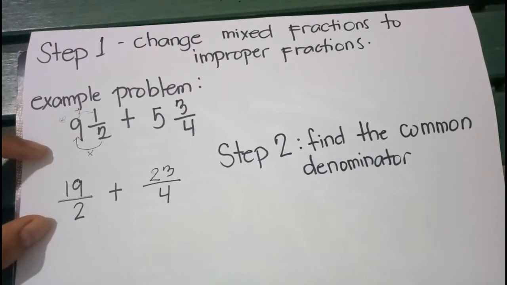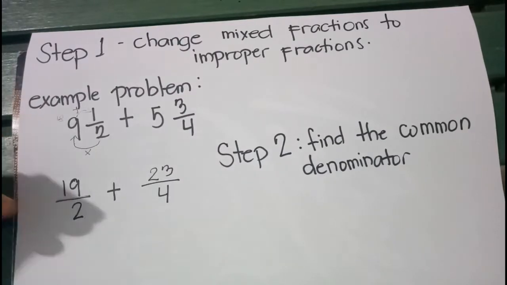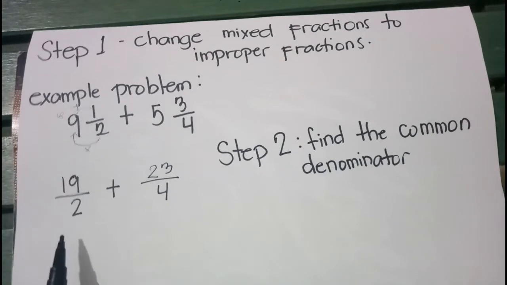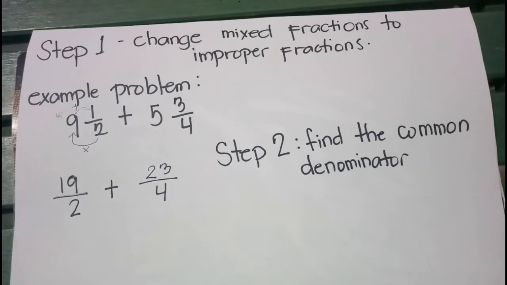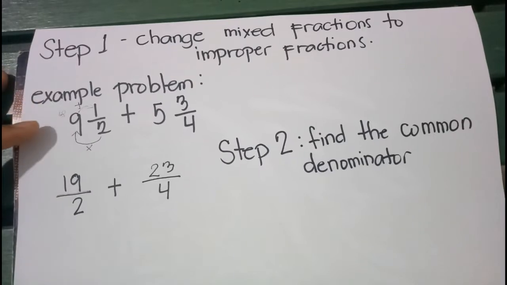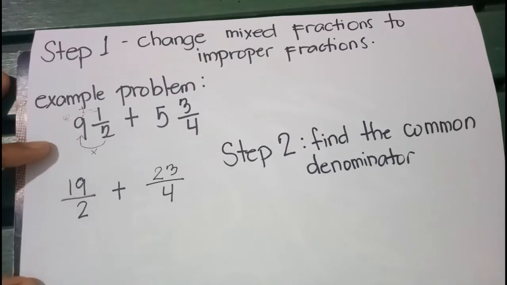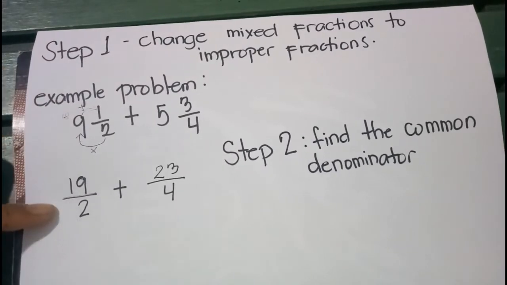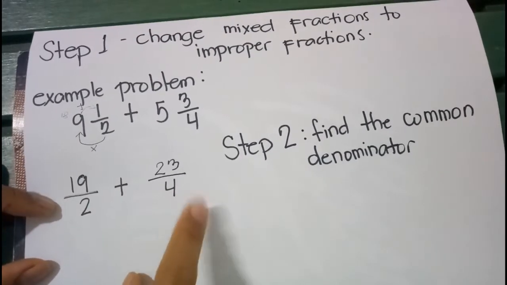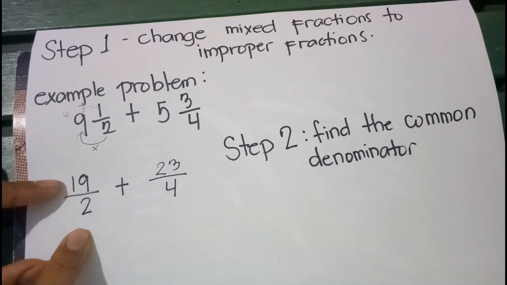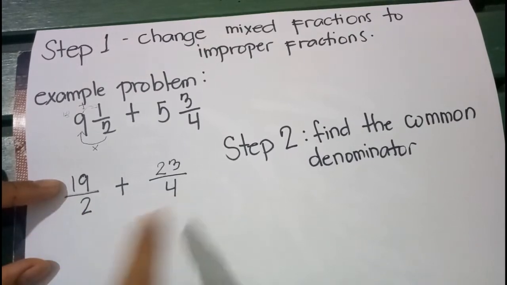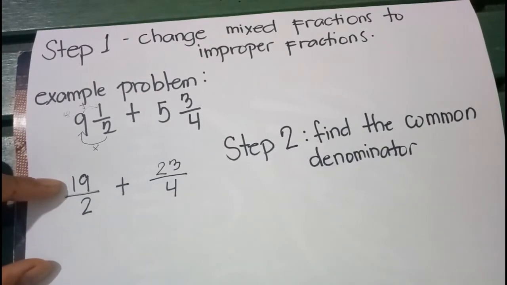As you can see, the denominators here are 2 and 4. It's easy to identify the common denominator, because we all know that 4 is a multiple of 2. Therefore, we can use 4 as our common denominator.